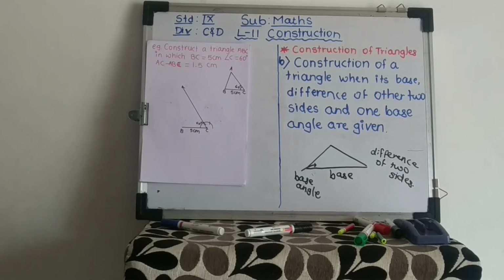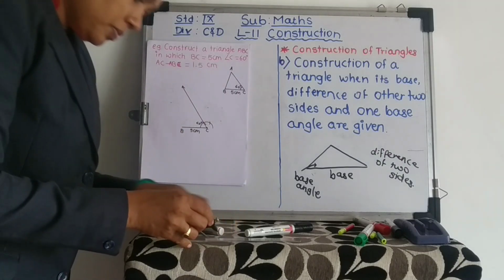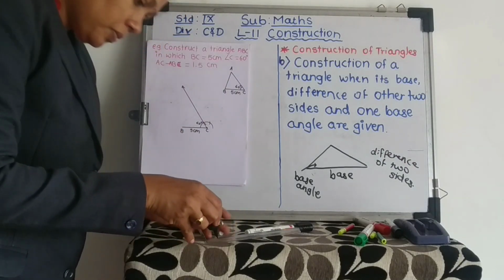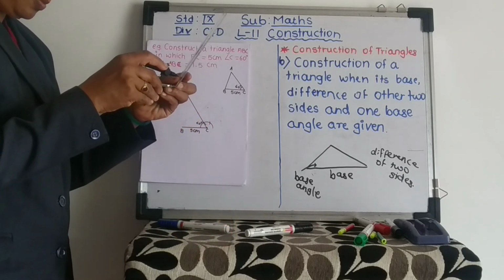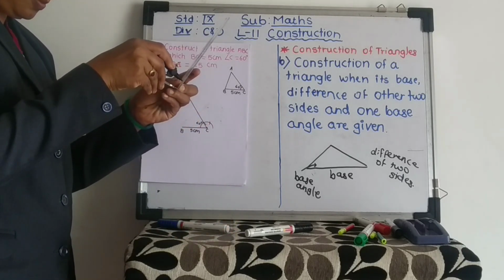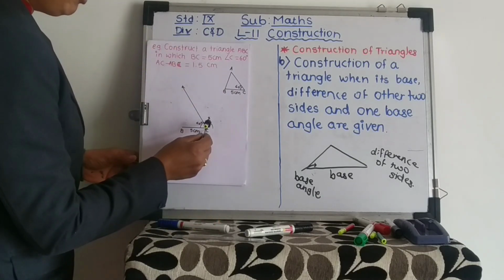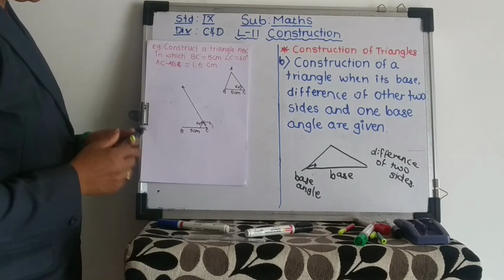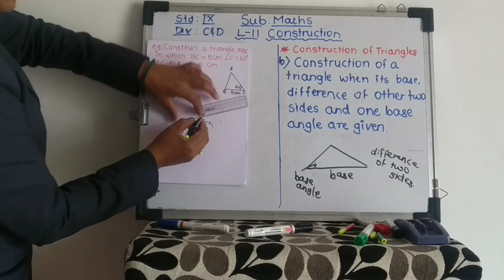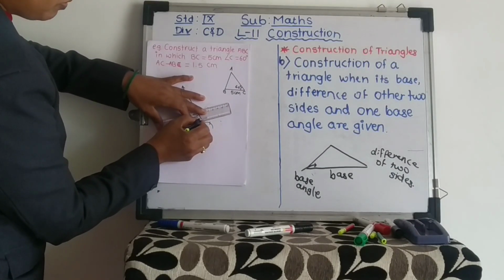So we will have 1.5 centimeter distance. Good. So 1.5, here we will put on C and we will mark that 1.5 distance. Right. So whatever point we have got, we will join.